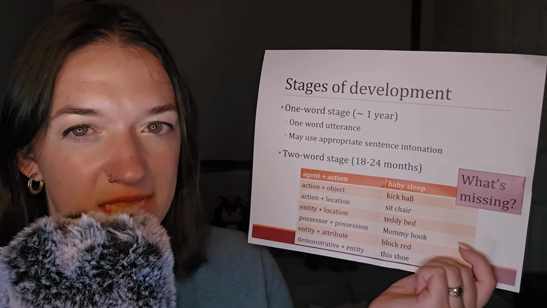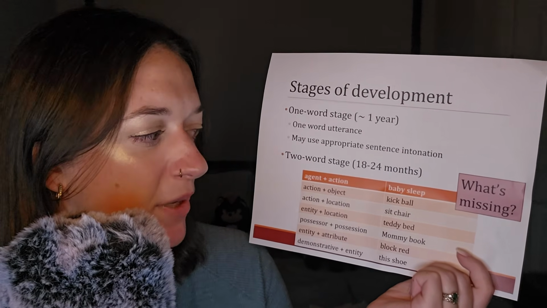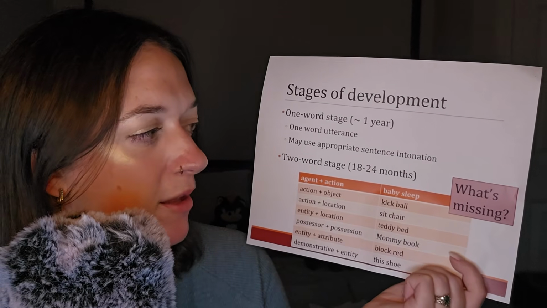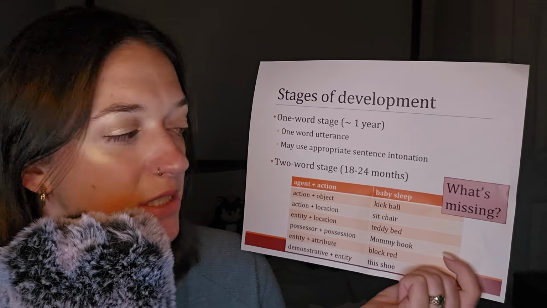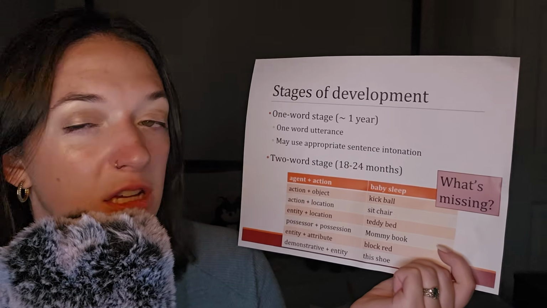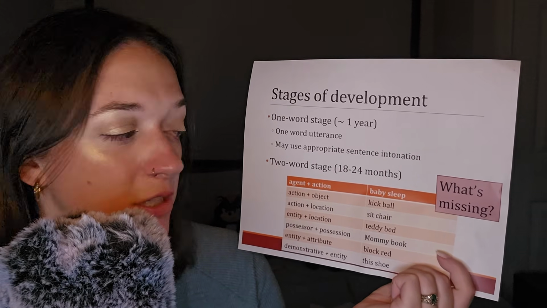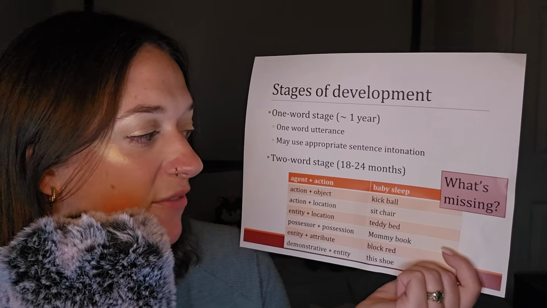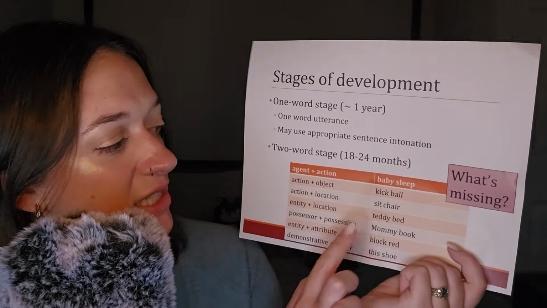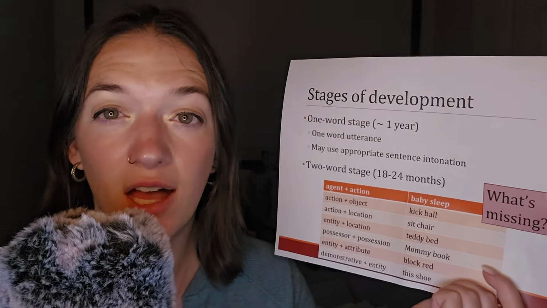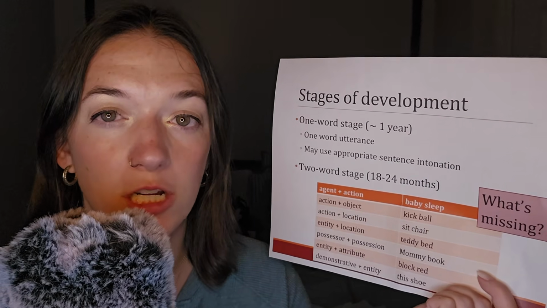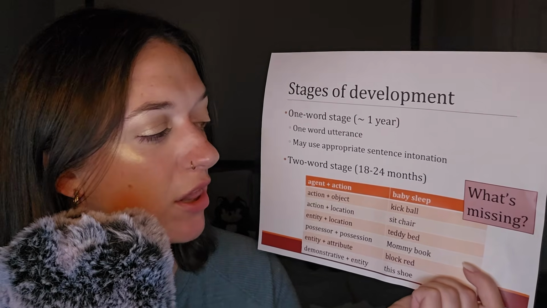But what's missing? There's a couple big things that are missing. By this stage, children do not have a grasp of adverbs, and they're missing a lot of grammatical function words. So they don't yet have things like prepositions, Teddy on the bed. They don't have a and the, those articles or determiners, as linguists call them.